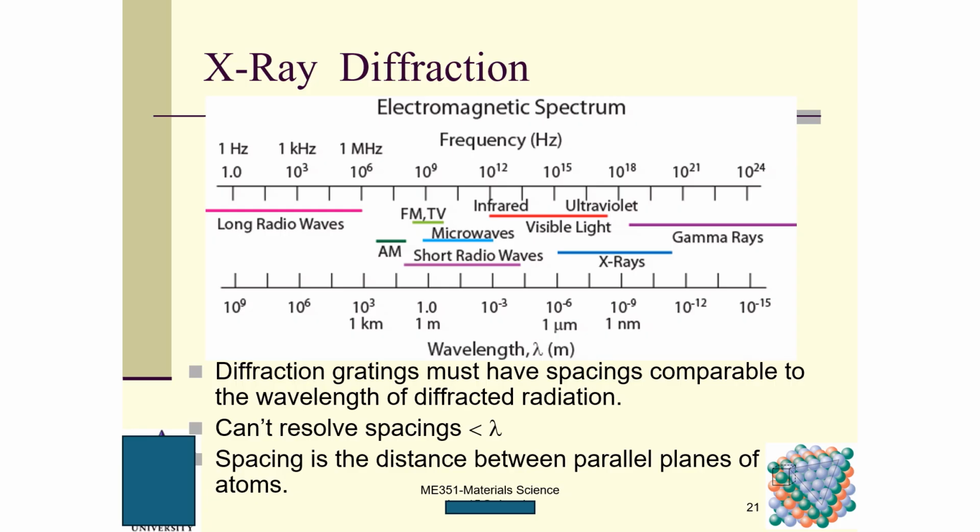From here to here is visible light. Here are gamma rays, microwaves, AM, these are shorter wave radio waves. So here are X-rays. This is the frequency, and this is the wavelength, right?